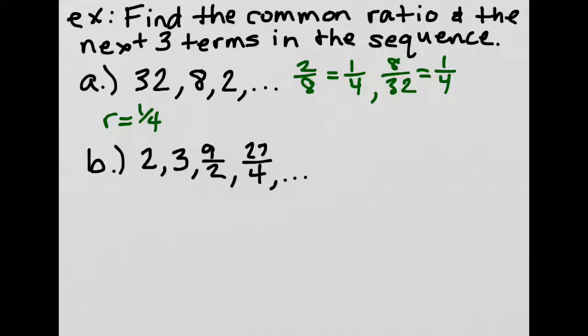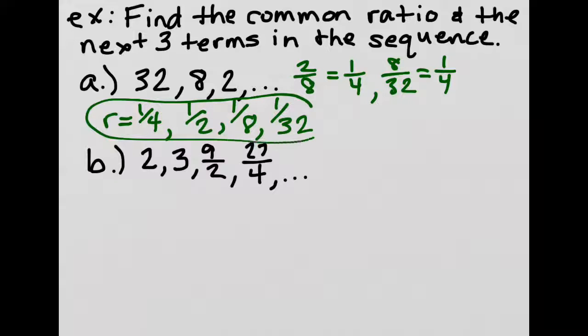We're multiplying by 1/4 each time, or we're dividing by 4. So to get our next few terms, we are going to be multiplying by 1/4. When we do that, we'll get 2 times 1/4, which is 1/2. And then 1/2 times 1/4 gives us 1/8. And 1/8 times 1/4 gives us 1/32. And those are our three terms and also the common ratio.